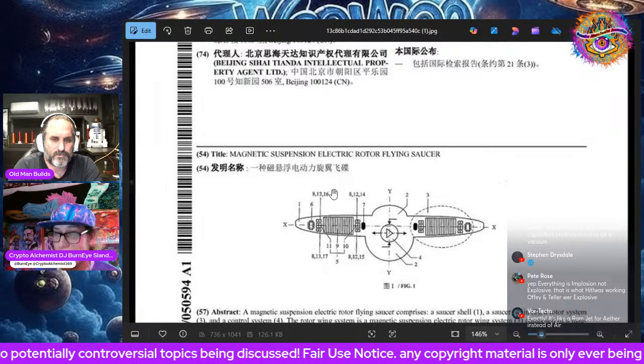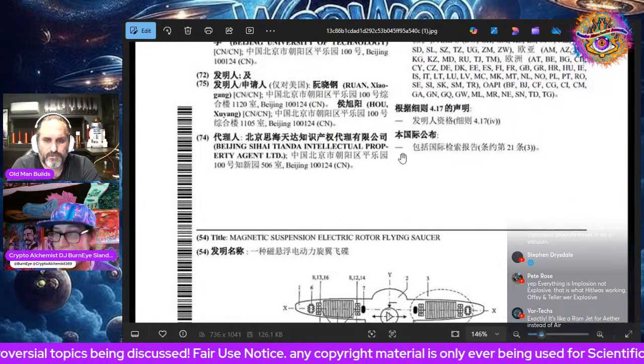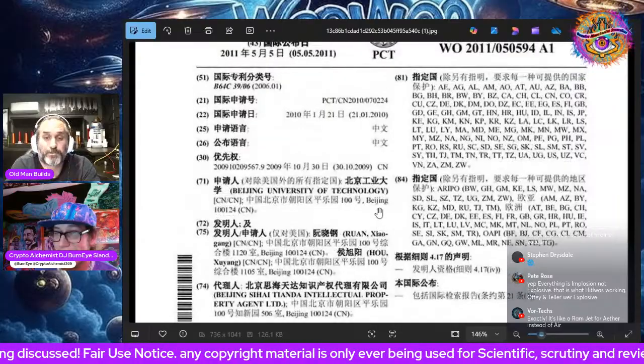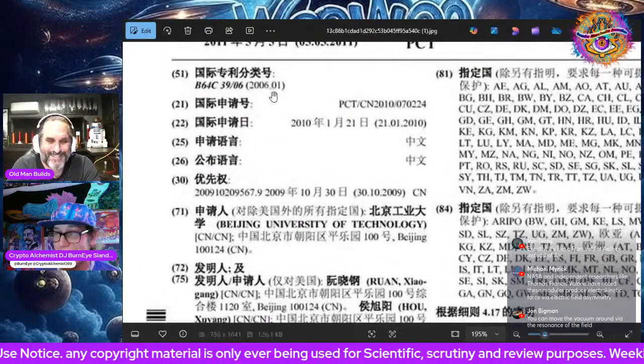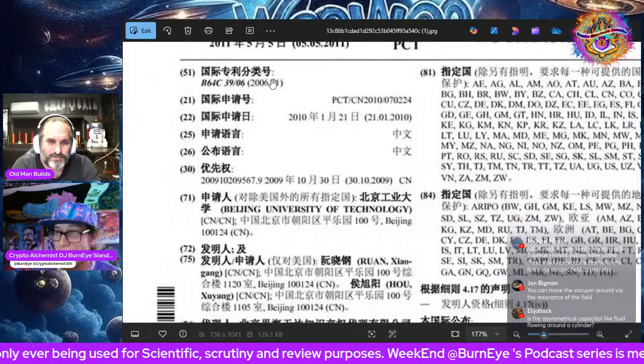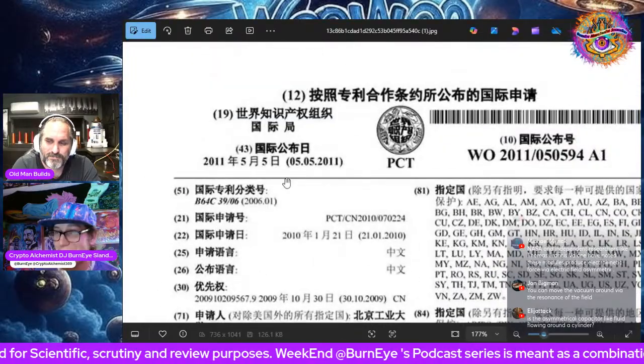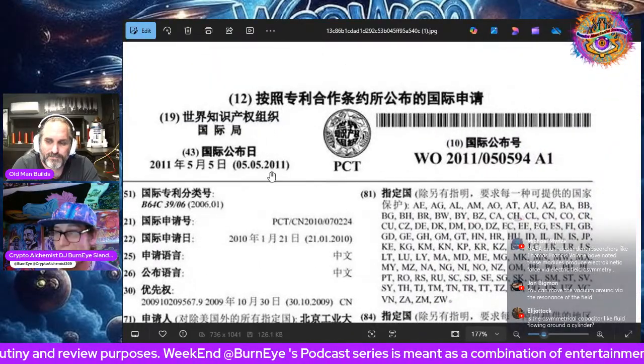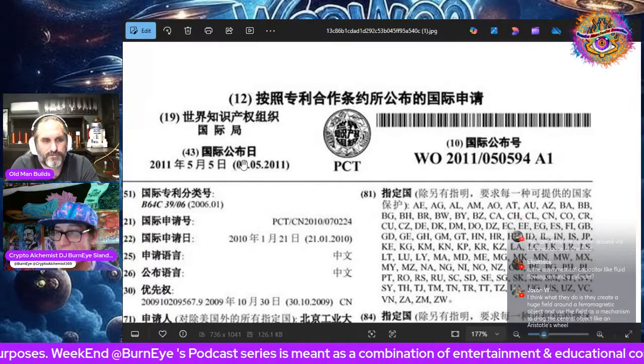Exactly. And here is this Chinese patent in Chinese. And oh, look at this. It was originally filed in 2006 in China, but then published, accepted in 2011.